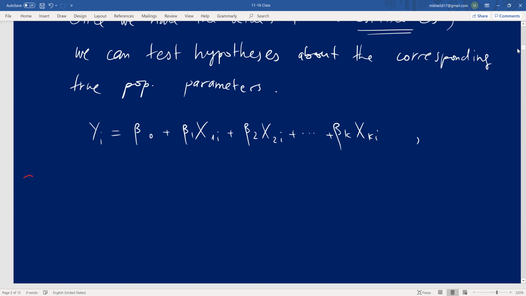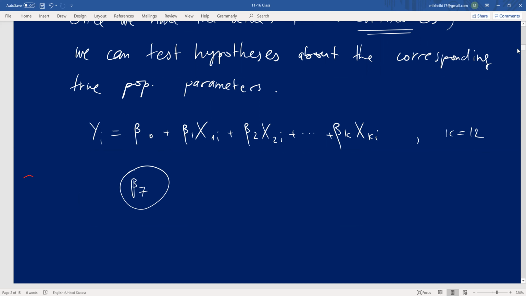Let's say here k equals 12. So you have variables from 1 to 12, right? And so let's say we want to test the hypothesis about beta 7, right?